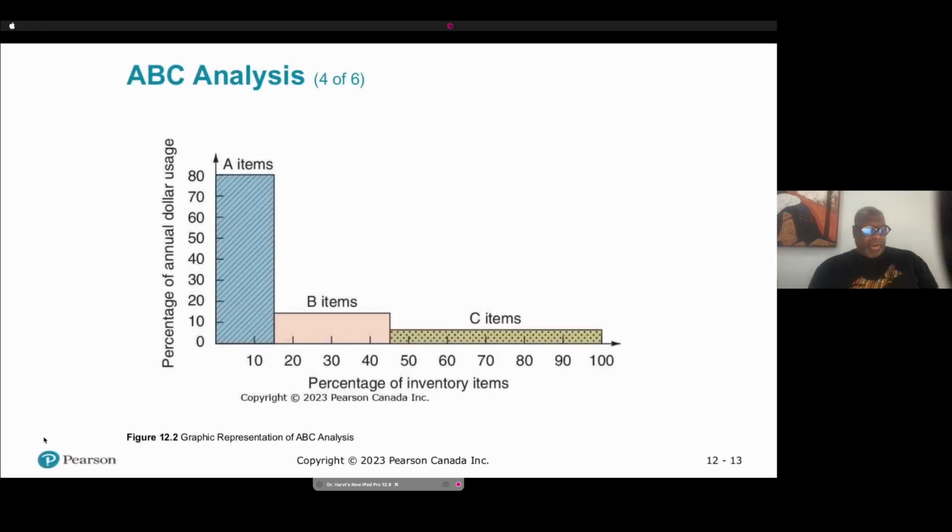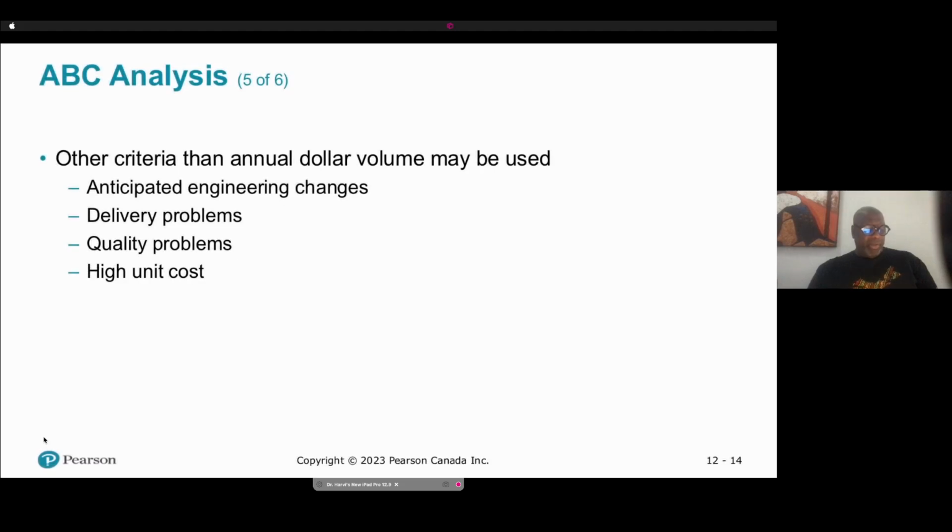Now, this is just a graph that shows you what we're looking at in terms of A items, B items, and your C items right there. If we look at the criteria in the last example I just showed you, we use what we call the annual dollar value, right?